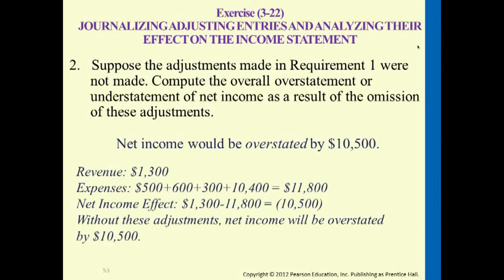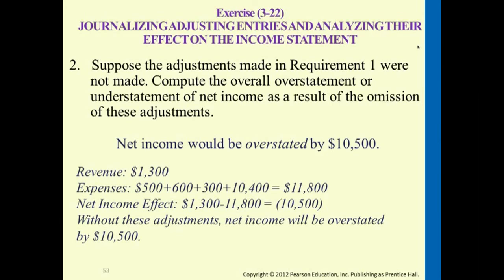We still have $11,800 that we missed if we didn't journalize these adjusting entries. For revenue, we'll also be missing $1,300. So overall, the effect is expenses more than revenue. The overall effect will be missing expenses worth $10,500.